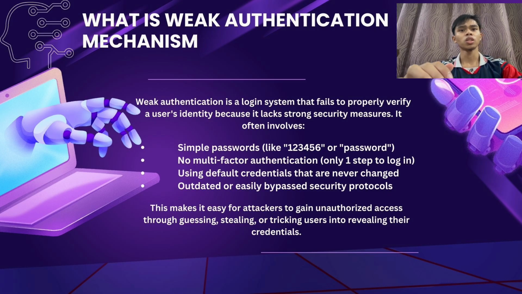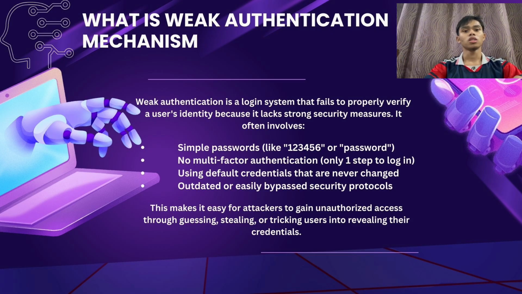How does weak authentication occur? Weak authentication occurs through multiple vectors. First, weak or reused passwords such as 12345 or just password. Second, lack of multi-factor authentication, MFA, meaning no second layer of security. Third, social engineering, like phishing emails, fake login pages, or impersonation calls.